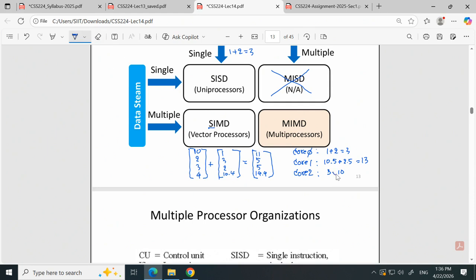It can be any type of instruction: addition, subtraction, multiplication, division, whatever.